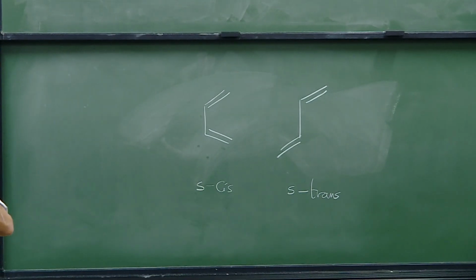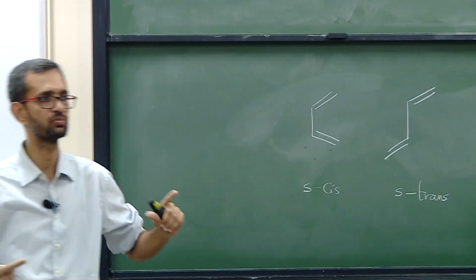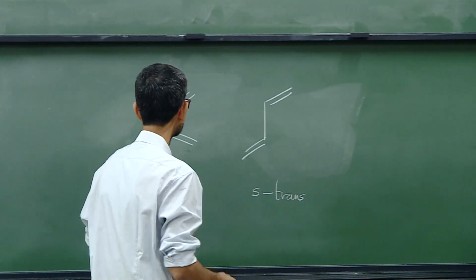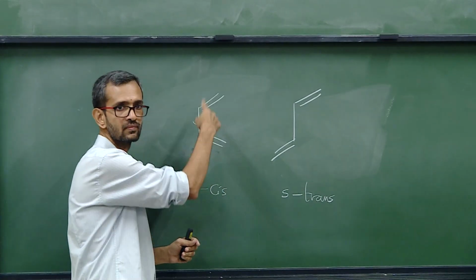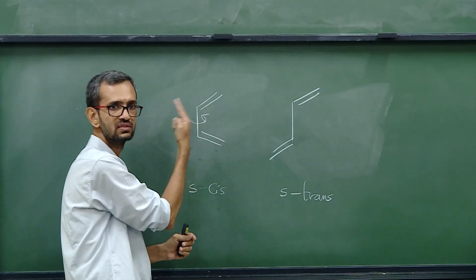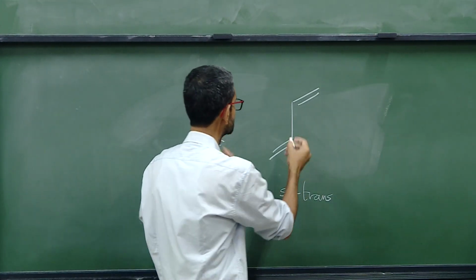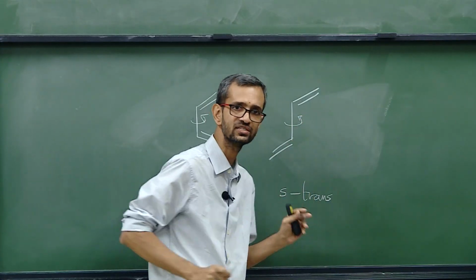It's not possible. You need light to do that, because that much energy you need to provide by light only. So this is a conformation, because it is just a rotation across this single bond.